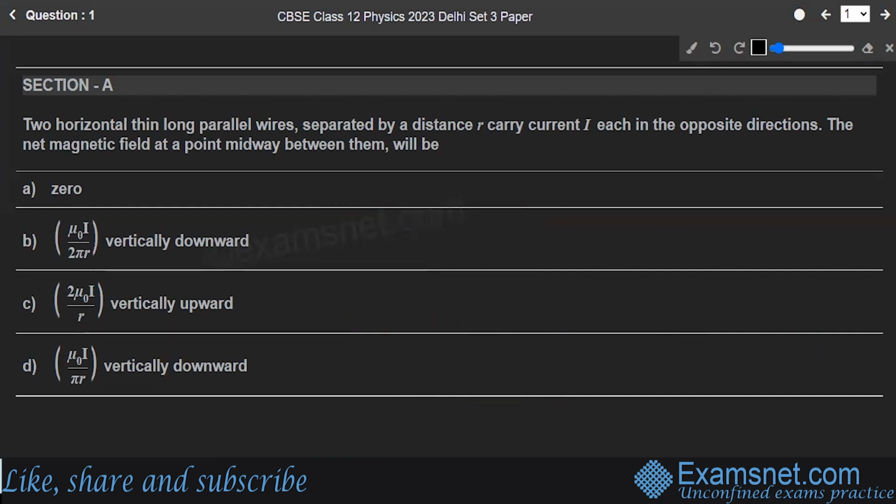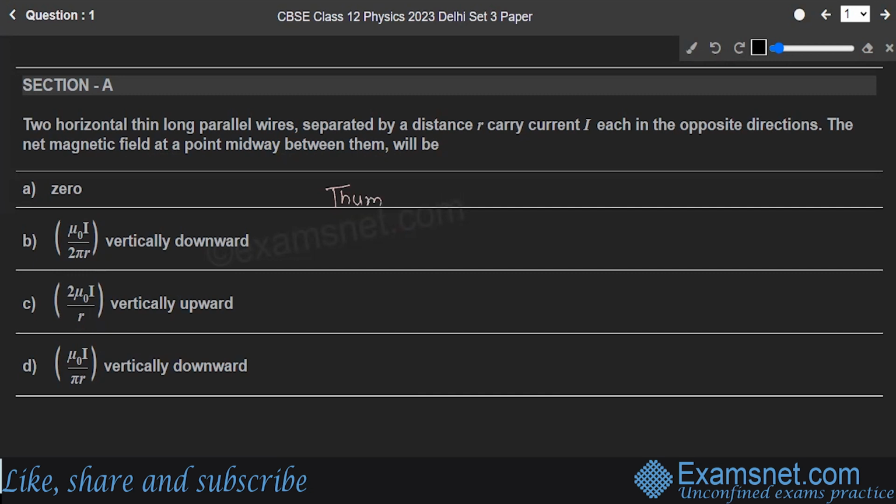Section A, first question. Two horizontal, thin, long parallel wires separated by a distance r carry current I each in the opposite direction. The net magnetic field at a point midway between them will be. See, I'll be using the thumb rule over here.